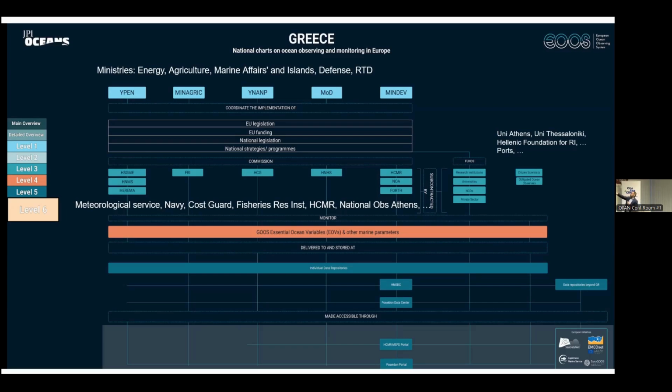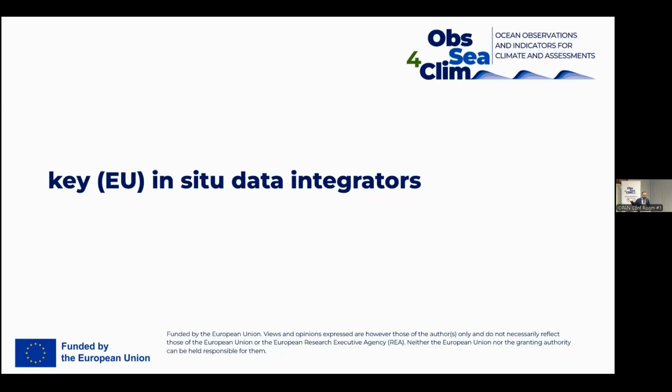So in the case of, let's say, ocean data that is coming from public funds, and is collected by research or private entities, it is usually feeding the National Geographic Database, and from that one, it's supporting international programs. You may also find this data in the international, European and international marine data integrators, SeaDataNet, EMODnet, and so on. So we said key European integrators.